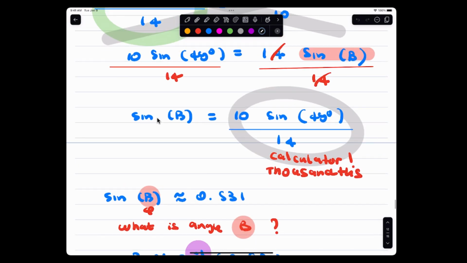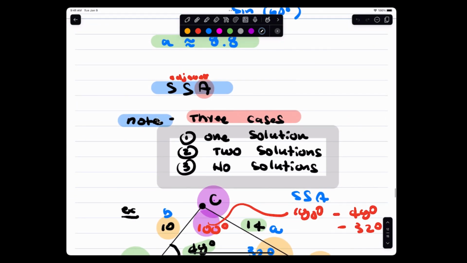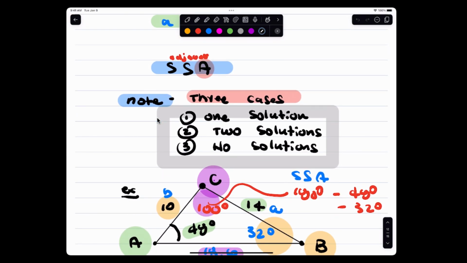When you have side side angle, and you have to use law of sines, side side angle is two adjacent sides and then an angle. That's why it's SSA. So just to go back and remind people, because this is an important thing, the SS is two adjacent sides.